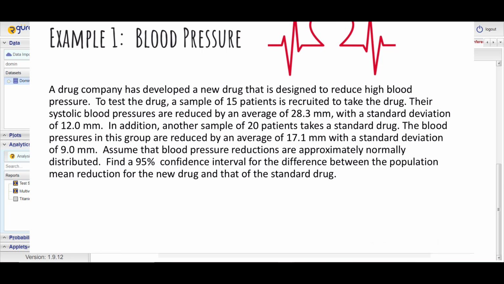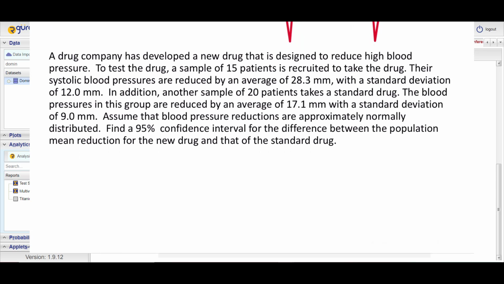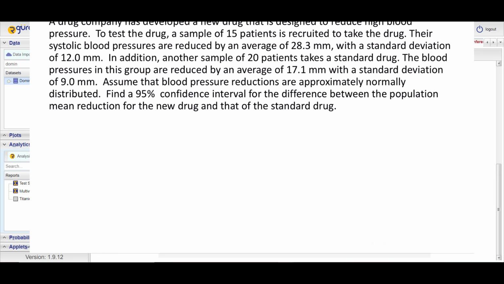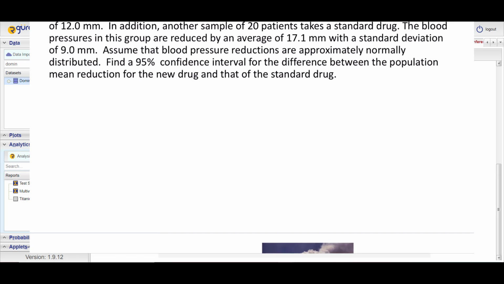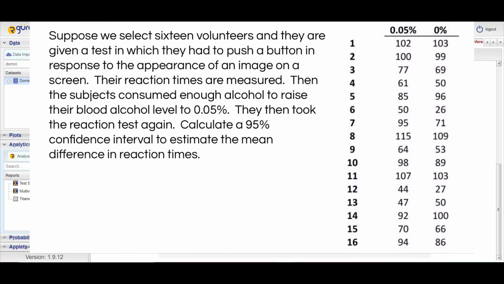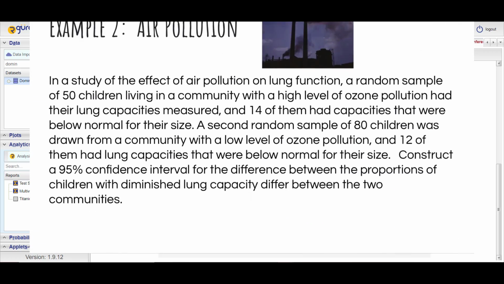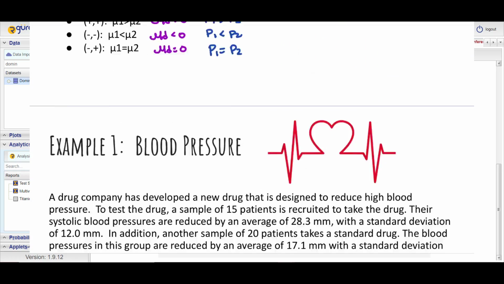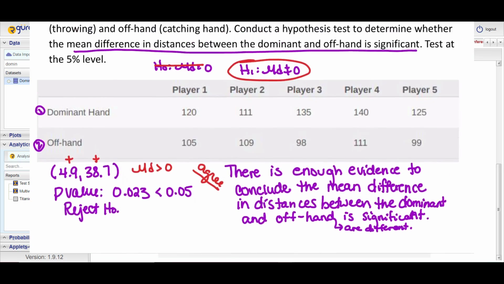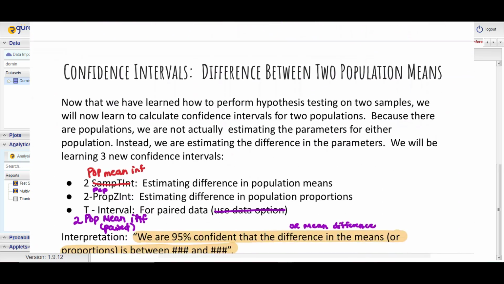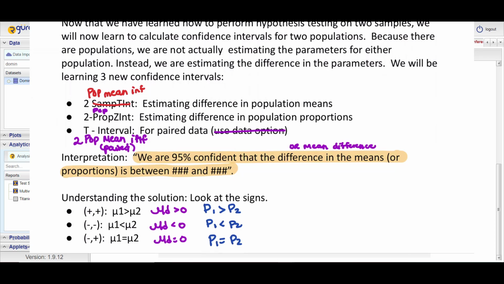I'm actually going to allow you to do those, and I will include the answers in the filled in notes. So when you look at that, you can check your answers here, here, and here, but I'm not going to go through them on the video since we've been doing confidence intervals this whole time, and I just wanted to review what they meant. So definitely practice the extra ones.